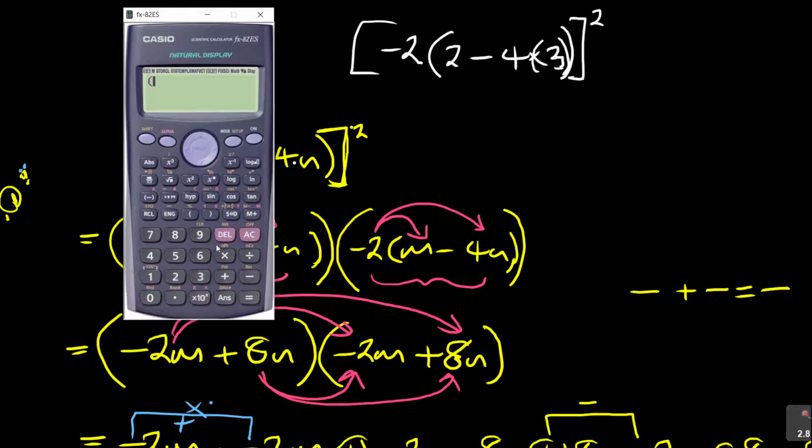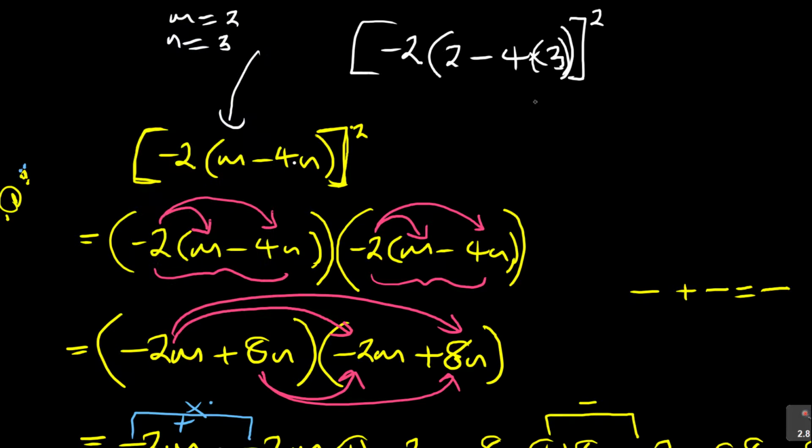So let's look into that. It was bracket first, negative 2, and then bracket, there is a 2 minus 4, and then bracket, there is a 3, close it, and then we close that one, and then we close that one. There are 3 of them, and then we square, then equal to, there is our 400.